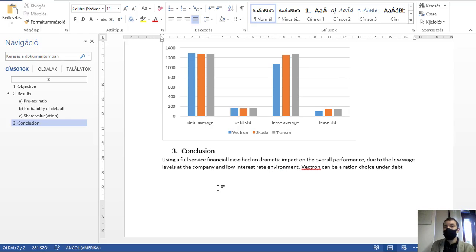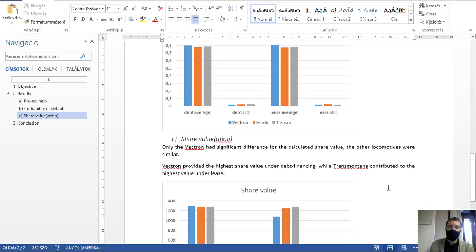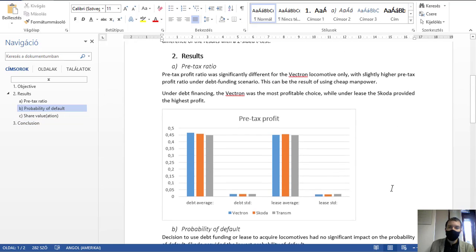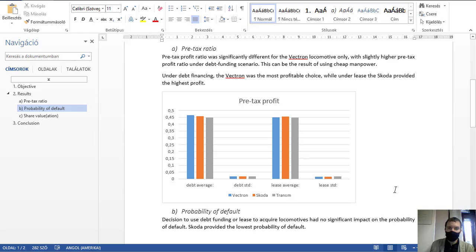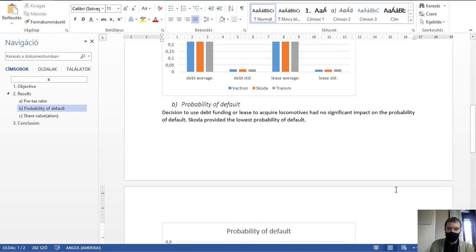So obviously if interest rates would be higher, then the differences would be much bigger. Rational choice under debt financing.